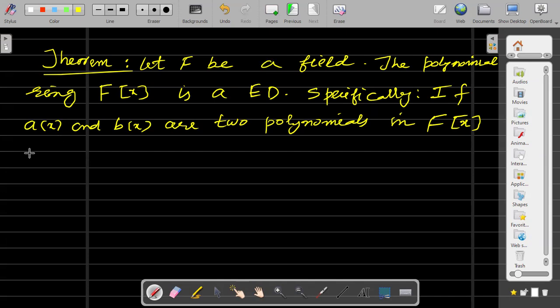With Bx a non-zero polynomial, that means not all the coefficients of Bx are equal to 0.